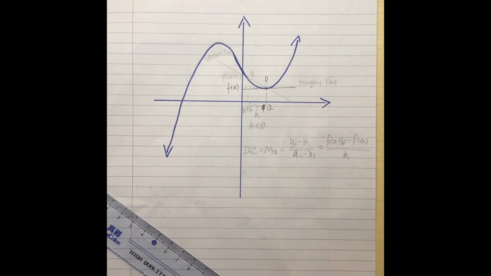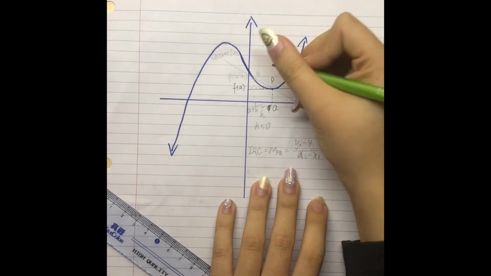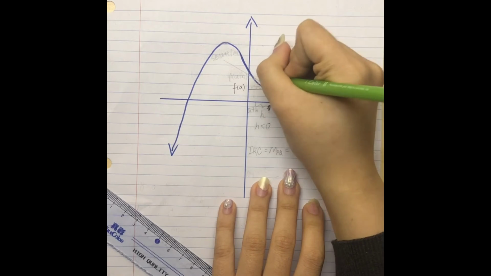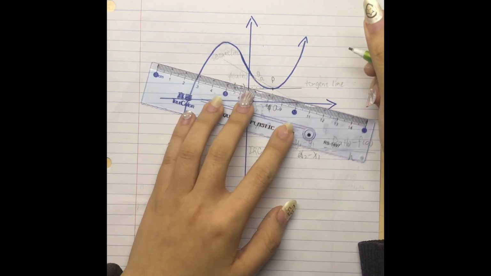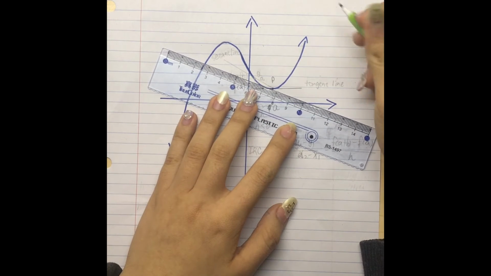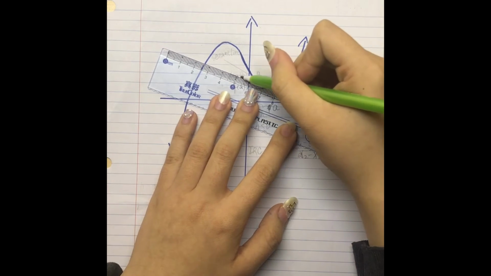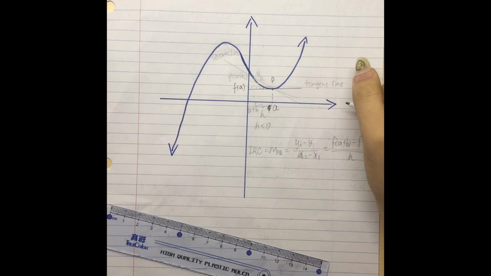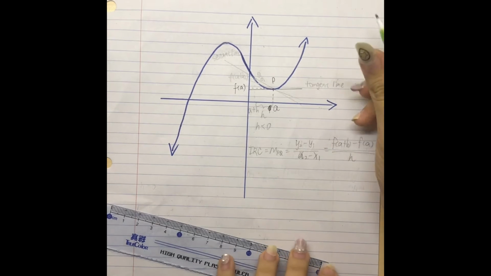I would like to see what happens to the slope of the secant when we make Q approach P. I move Q right a little bit. Its point is Q1. Connecting Q1 and the point P, we get a secant line.